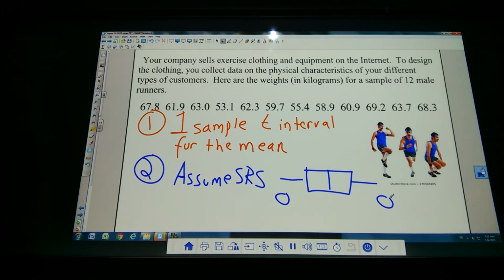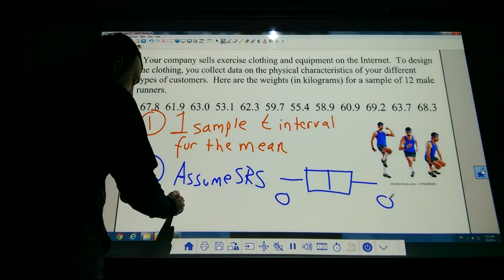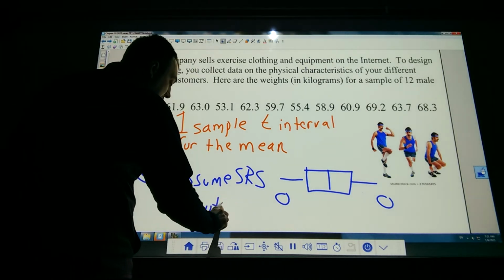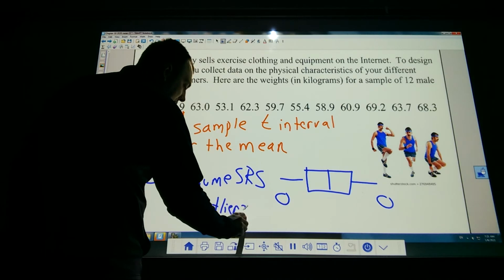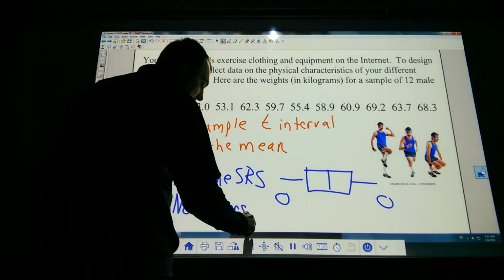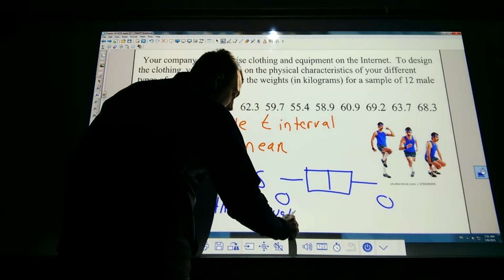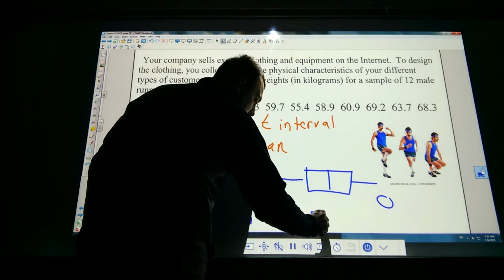And then you want to talk about the graph. You want to say, it looks pretty good. There are no outliers, which is huge. If there's an outlier in a group of 12, that's really bad. There are no outliers. It looks roughly symmetrical.